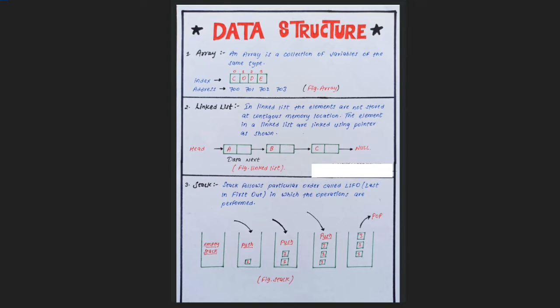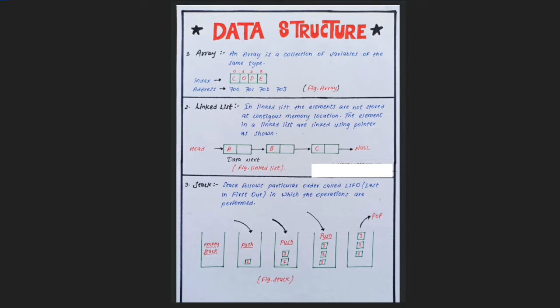So I read a figure also. Head, arrow, boxes A, arrow, B, arrow, C, arrow, null. Data, next. So this is the figure of linked list.